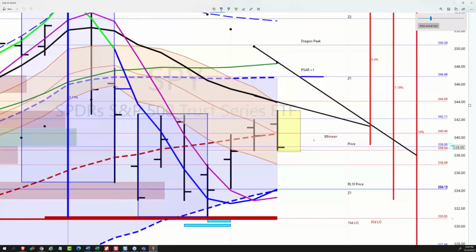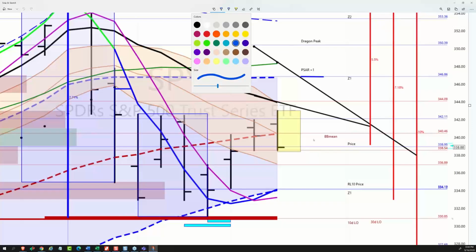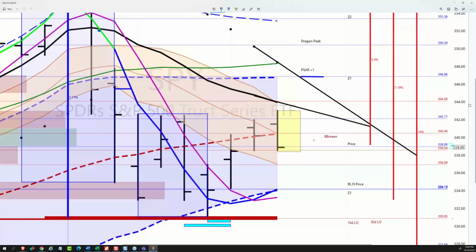So this price action, as we watch, the RL10 has turned into the fall, and now is still in the fall, but has started to curl back up. That RL10 is the real price.